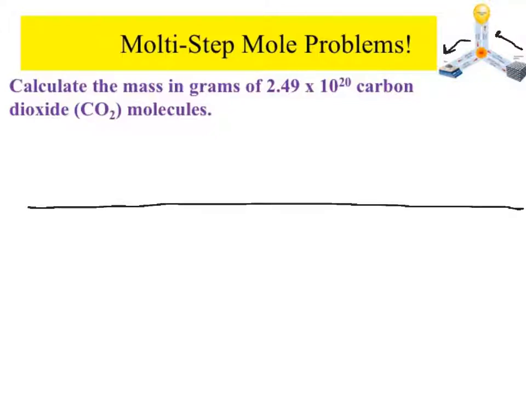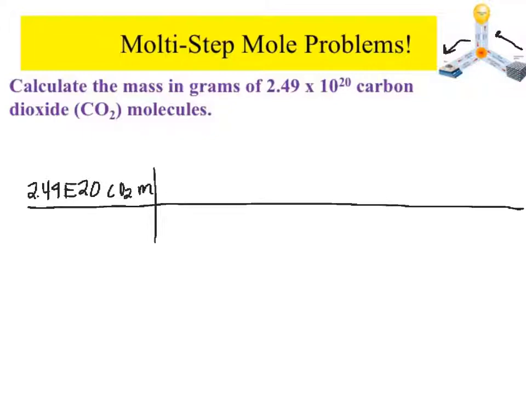I'm going to start out with 2.49, and I'm going to use the term E here, which means times 10 to the 20th, and this is going to be CO2, and I'm just going to put M for molecules so I can save space here. As long as I know exactly what that means, that's okay.